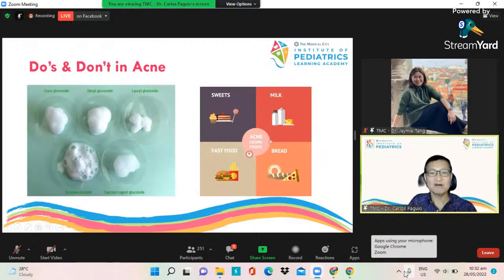But because junk food is really junk food, fast food, then we say, no, please don't eat this as well. What about milk? It's a staple, right? Unfortunately, when they produce milk, they give hormones to cows to produce more milk. So what happens? Well, hormones, you know, that's bad news for pimples, diba? So ito po ang mga don'ts in terms of food.